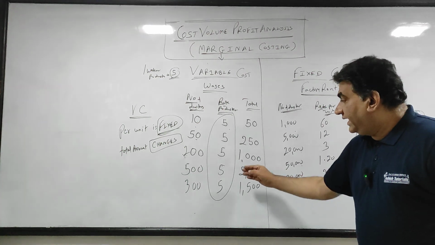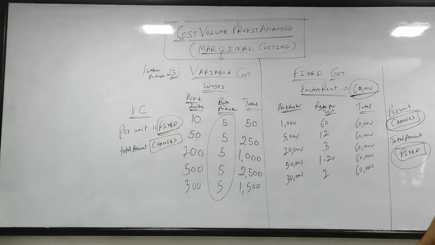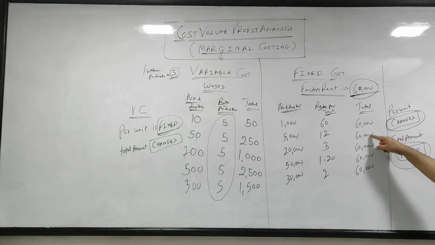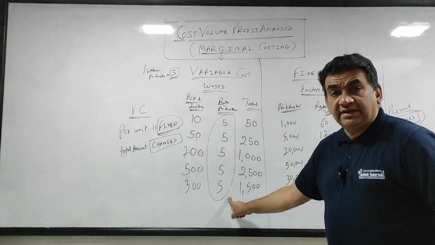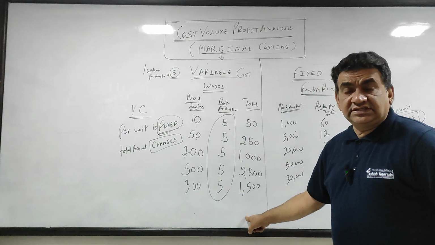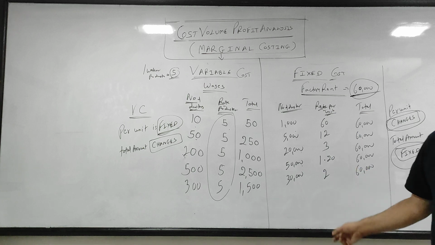Therefore, I kept in the end a digit which is lower than the second last one. Getting it? And यहाँ पे the total amount fixed. So see here, per unit fixed in variable, total amount changes. यहाँ पे per unit changes, total amount remains fixed.